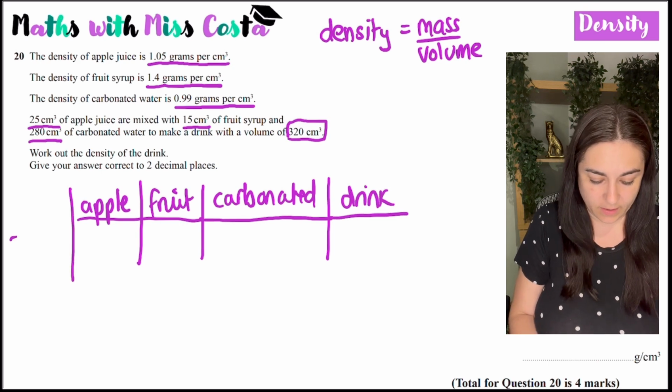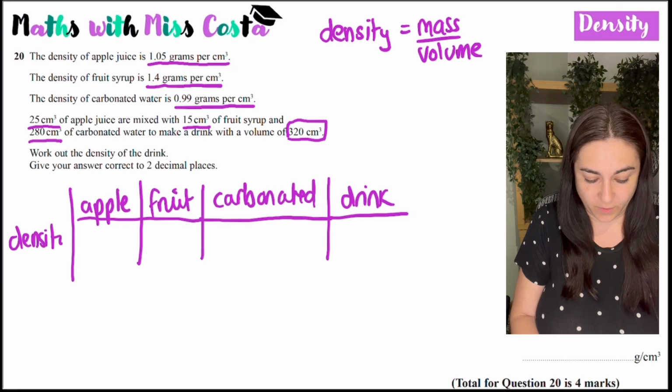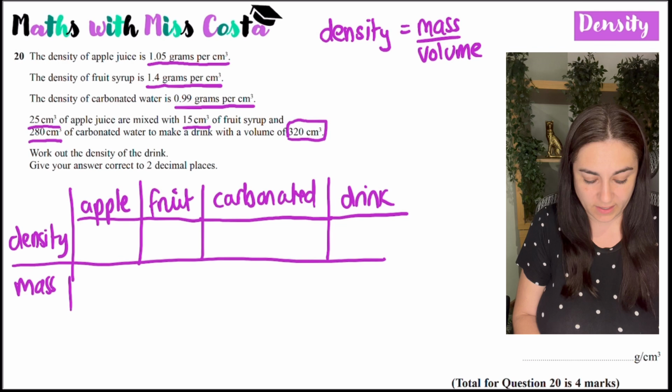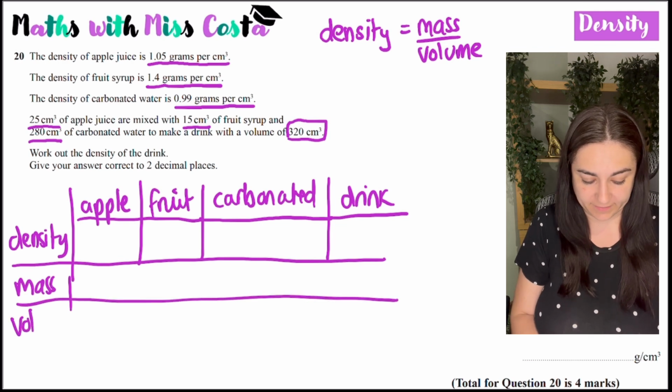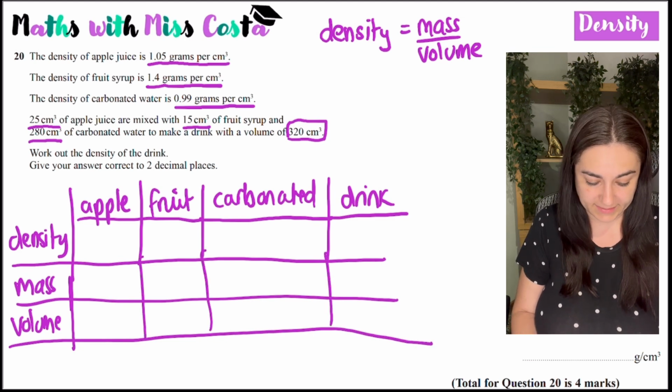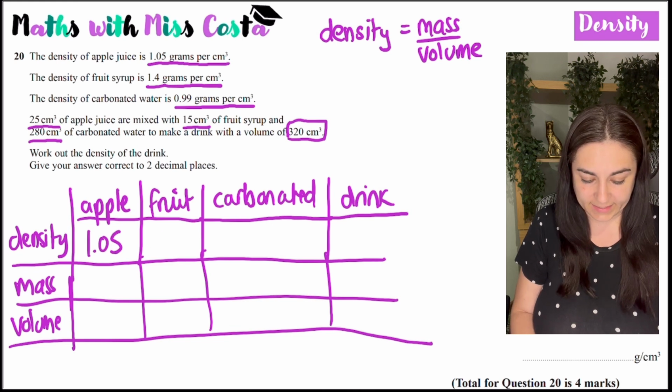Now, there are three things I need. I need to know what the density is of each, what the mass is of each, and what the volume is of each. So let's see what I can figure out. I have been told the density of apple juice is 1.05 grams. The density of fruit syrup is 1.4 grams. And the density of the carbonated water is 0.99 grams.